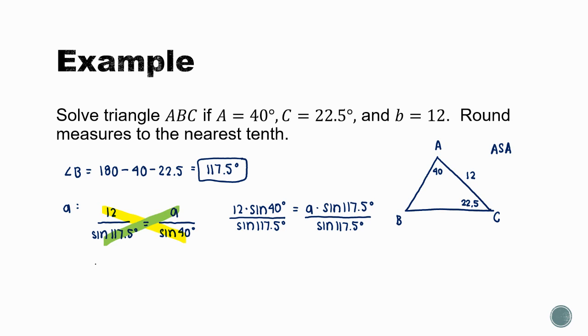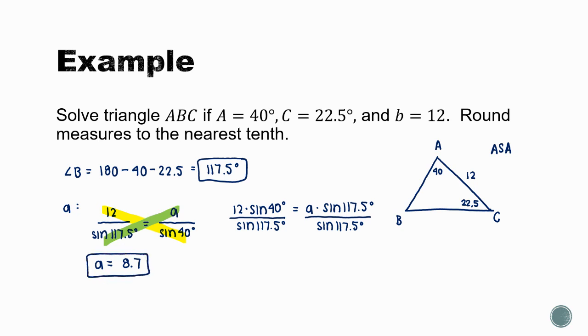We once again want to round to the nearest tenth, so my calculator is telling me I have 8.69600 and so on. So notice that second digit was a 9. That is going to round that first digit up. So we should have a length of 8.7.